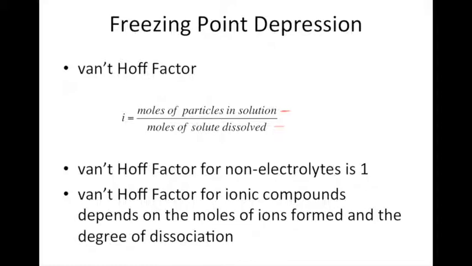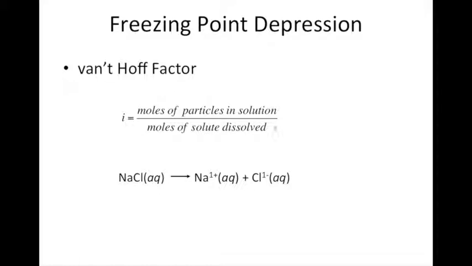Let's look at an example to illustrate this. If you put 1 mole of sodium chloride in solution, it would dissociate to give you 1 mole of sodium and 1 mole of chloride ions. So for every 1 mole of sodium chloride that we started with, we would expect to get 2 moles of particles.